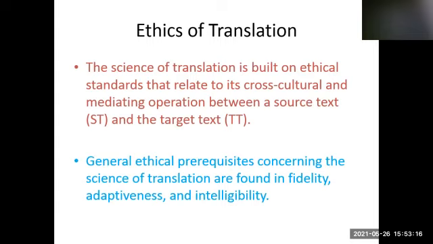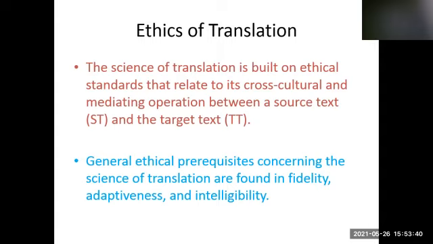You have to move the same meaning from one text to another, from the ST to the TT. You cannot change the meaning, because if you change the meaning, then you are changing everything. So we're speaking here about number one, fidelity, honesty.